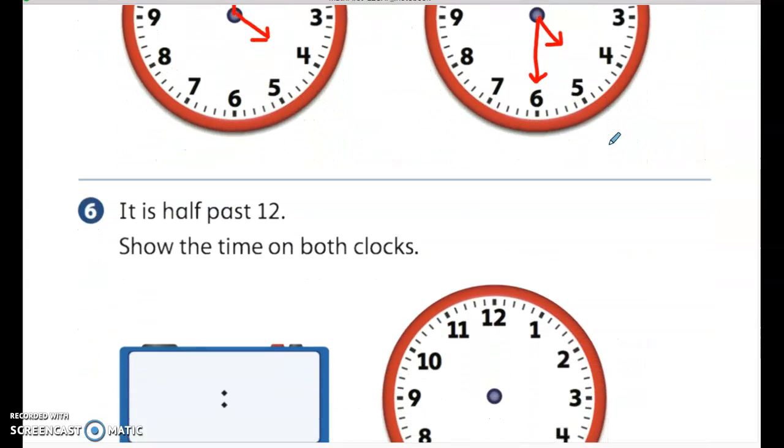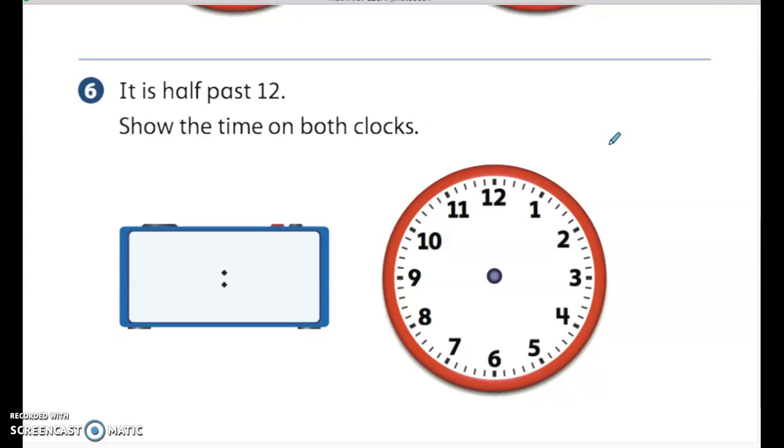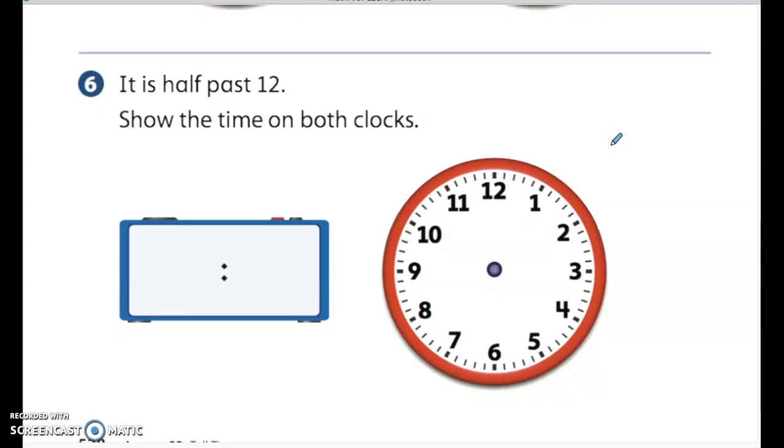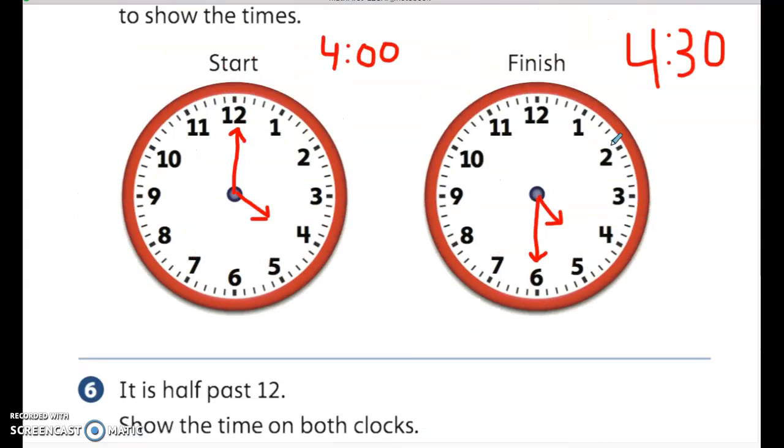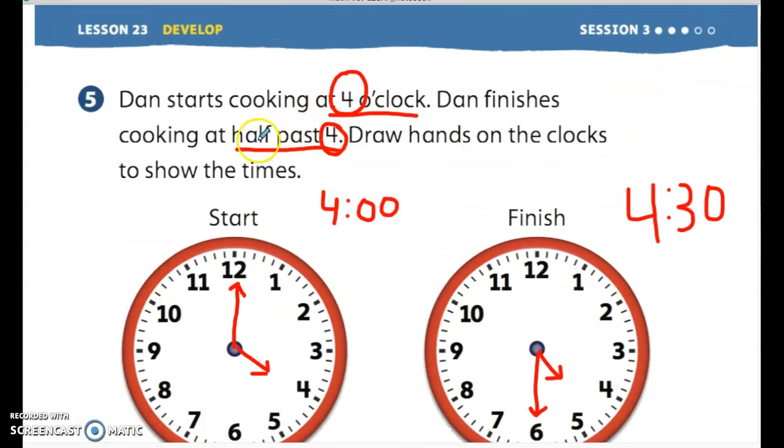Okay. It is 12:30. Show the time on both clocks. 12:30. Well, if you remember up here, past, right? This was past. And we wrote it like this, 4:30.